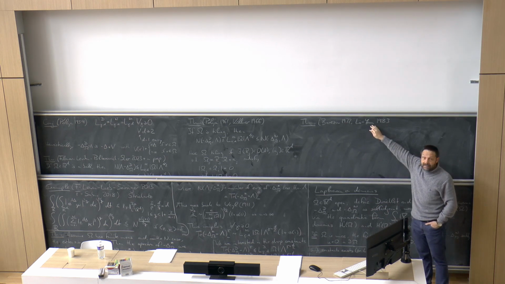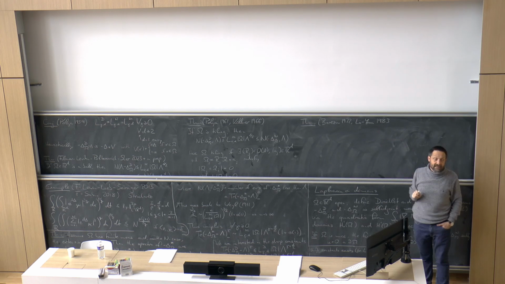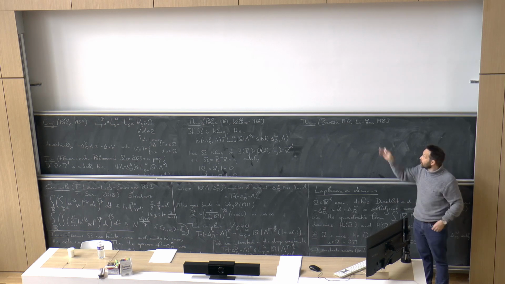In particular, Li and Yau give an independent proof of the CLR inequality. Remember, we had the CLR, then we had this Fefferman proof, the Conlon proof. Li and Yau also gave a proof of this.